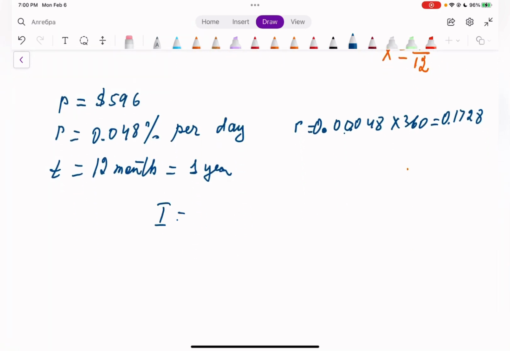And from here, interest is equal to PRT, which is P is 596 times R, 0.1728. Never round the digits, especially when you are doing real financial math in life, because you can lose a lot of money if you round it. 0.1728 and then times 1 year.